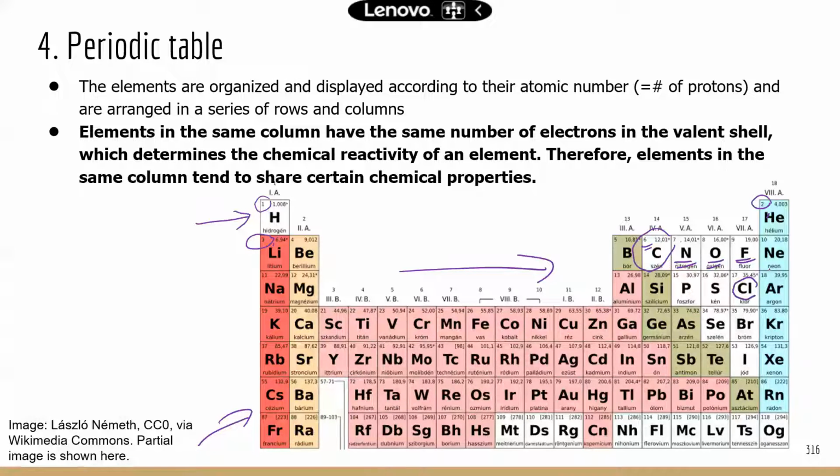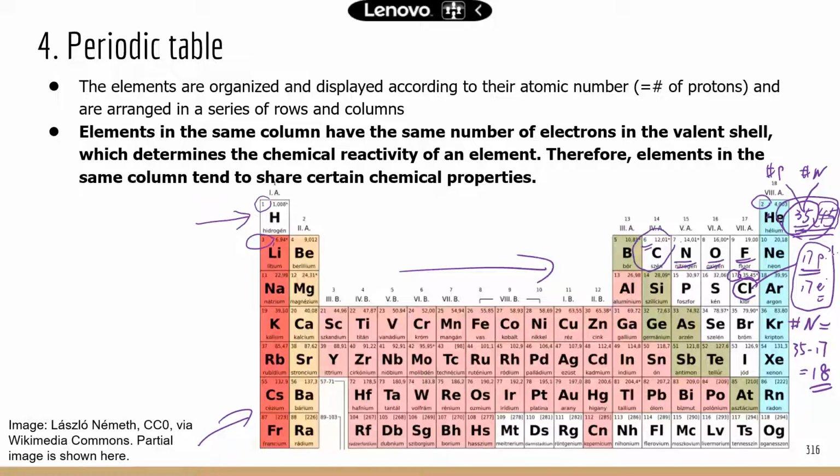Chlorine, you can look at the periodic table and figure out that chlorine is the 17th element. So chlorine is going to have 17 protons, and it's going to have 17 electrons as well, right? Remember, the numbers have to be the same. And over here, that's the atomic weight, right? So you can see the atomic weight is 35.45.